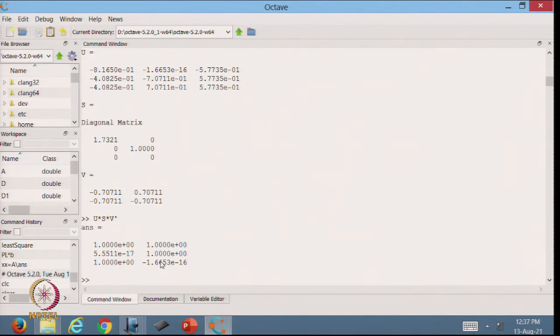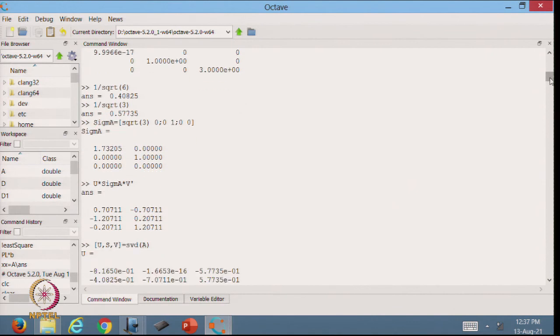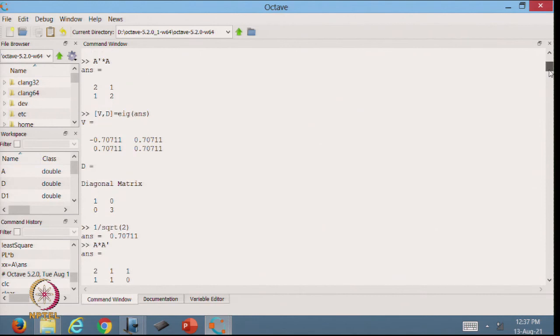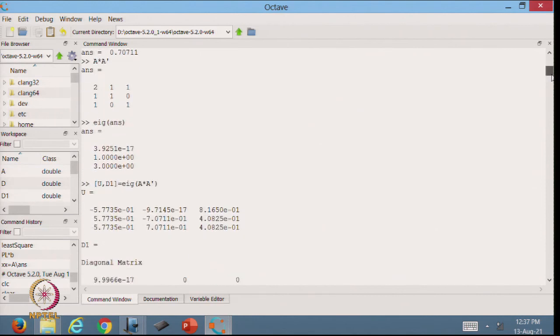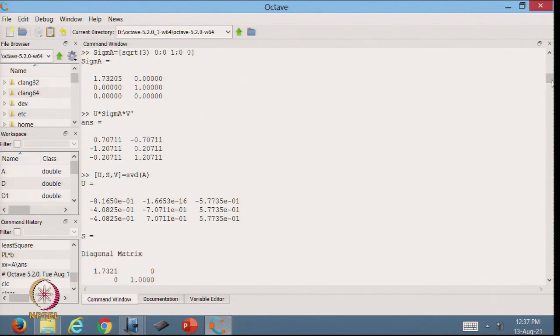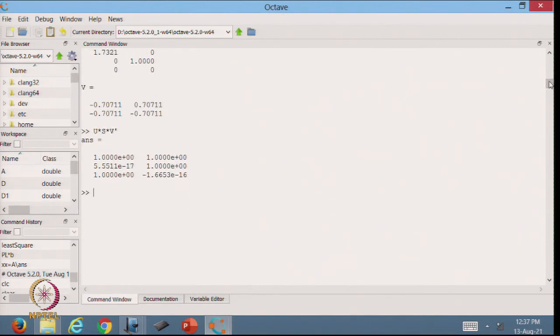Earlier I was getting something different, because we have to take care about the sign of the vectors. Sometimes you get different values of the solution, and that is what is happening in this case. But otherwise everything is completely right, except for some change in signs. So, these things we can do.